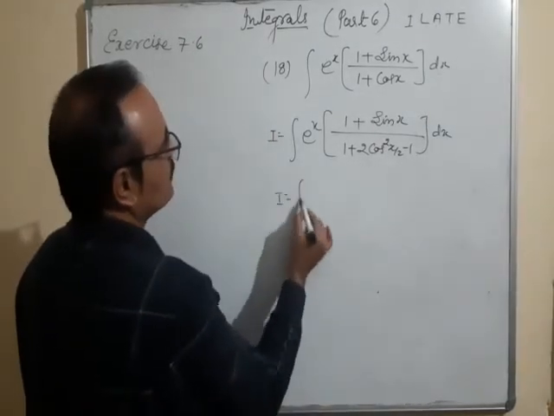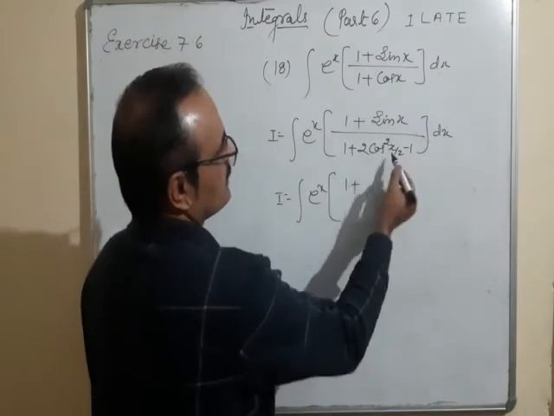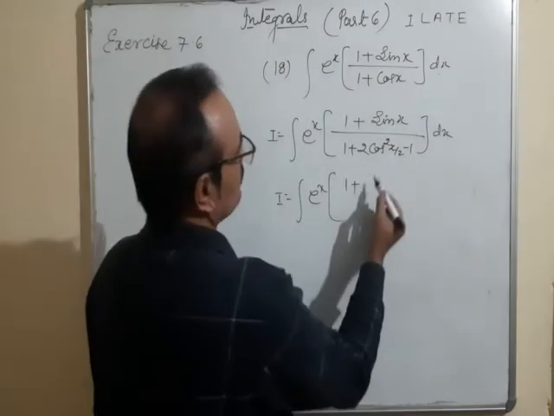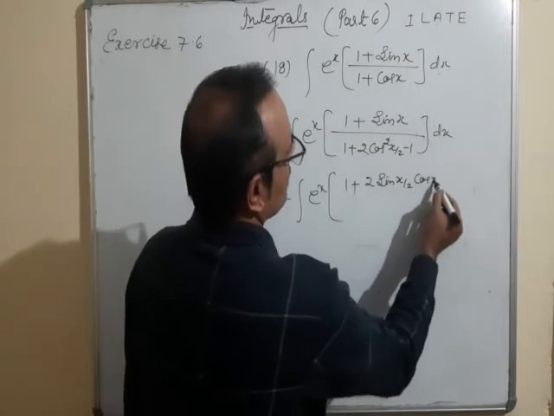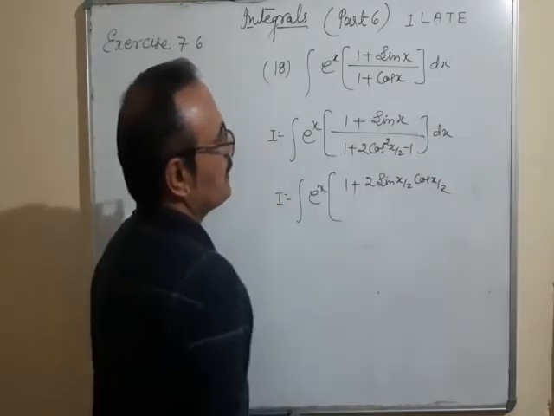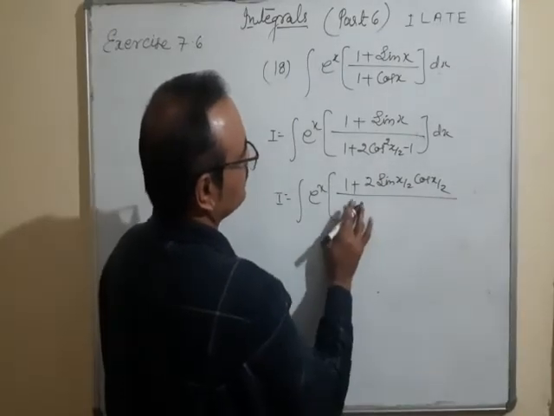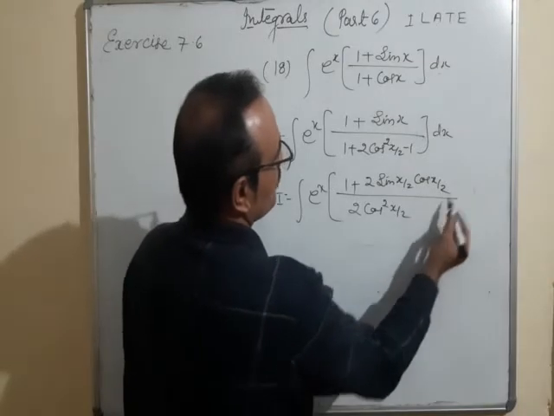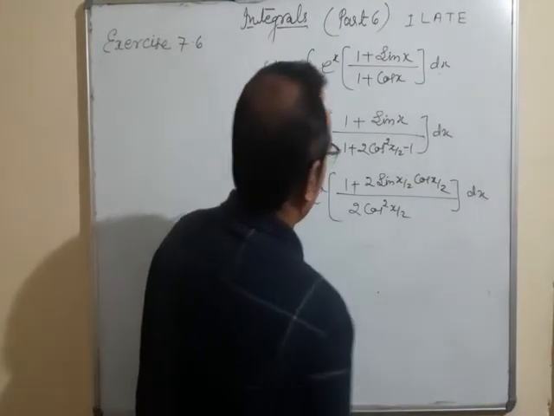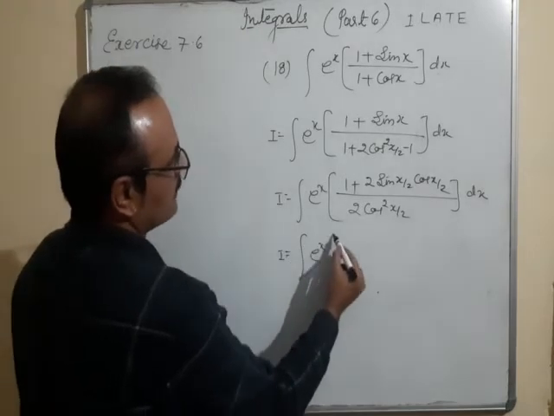So I is equal to e to the power x, 1 plus, since it is in the form of half angle x by 2, sin x I can write as 2 sin x by 2 cos x by 2, upon 1 plus 1 cancel, 2 cos square x by 2, dx. I is equal to e to the power x as it is.